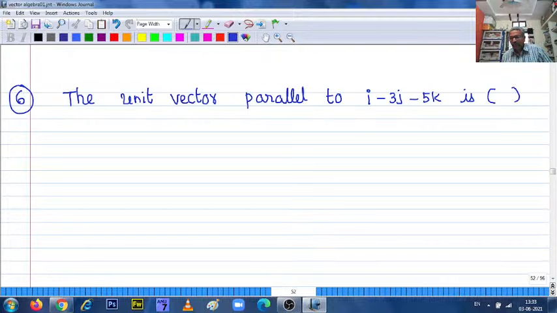So this may be useful for Eamcet physics classes also. First one, 1 upon root 35 times i minus 3j minus 5k.